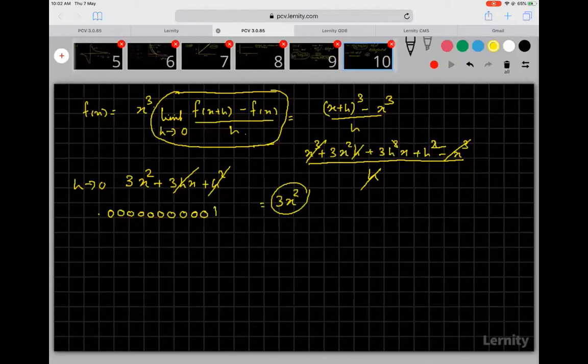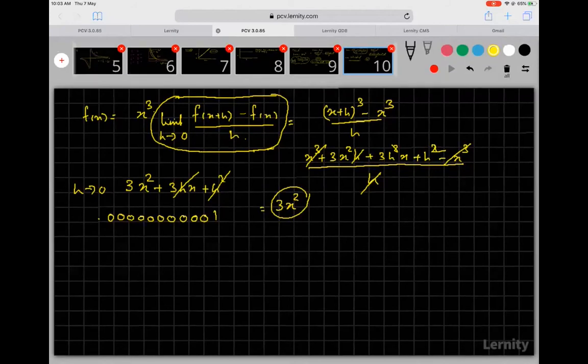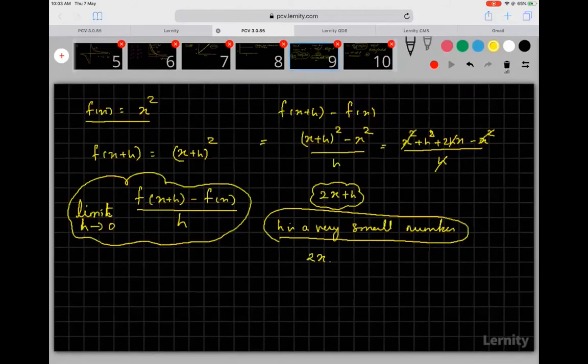First, can you make notes here? Work with your hand. You don't have to understand just because I am doing it. This is just an operation. What is the operation? I have taken f of x plus h minus f of x and I'm dividing it by h, where h is a very small number.